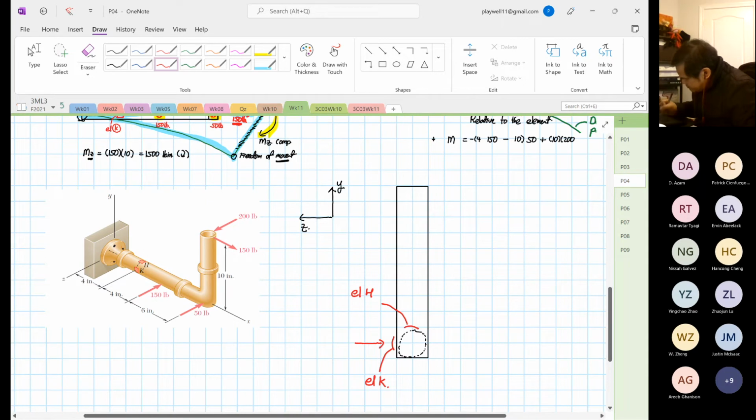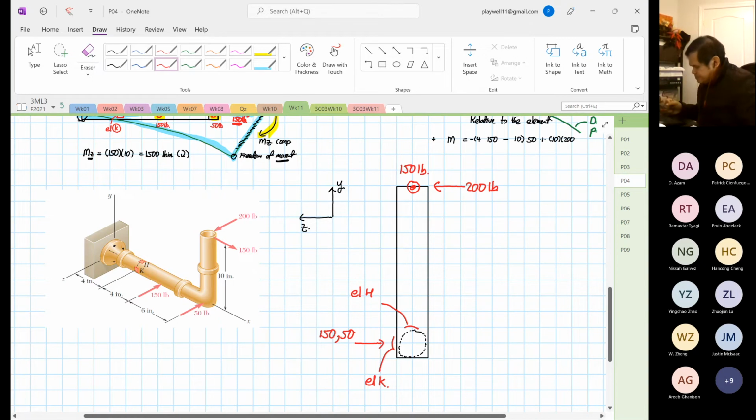forces. This is at 150. And then we have a 50-pound load. And then we have a 200-pound load. Okay. And then we have 150 coming towards us.